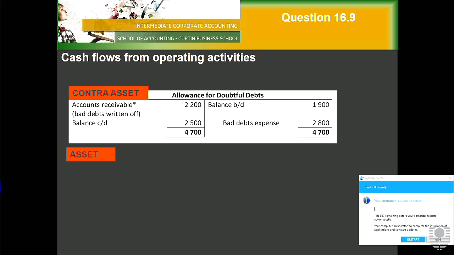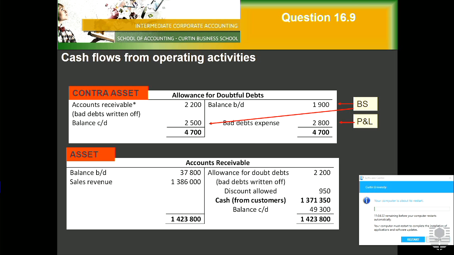On the other side, we have got 2,500 as a balance carried down, meaning there's a difference there of 2,200. That 2,200, we need to flow that through to our accounts receivable. So that recreation of the allowance for doubtful debts, we have to take through to our accounts receivable account.